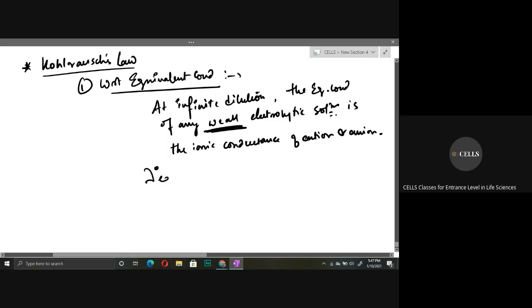So equivalent conductance will be the sum of the equivalent conductance of the cation and of the anion. This is one law.